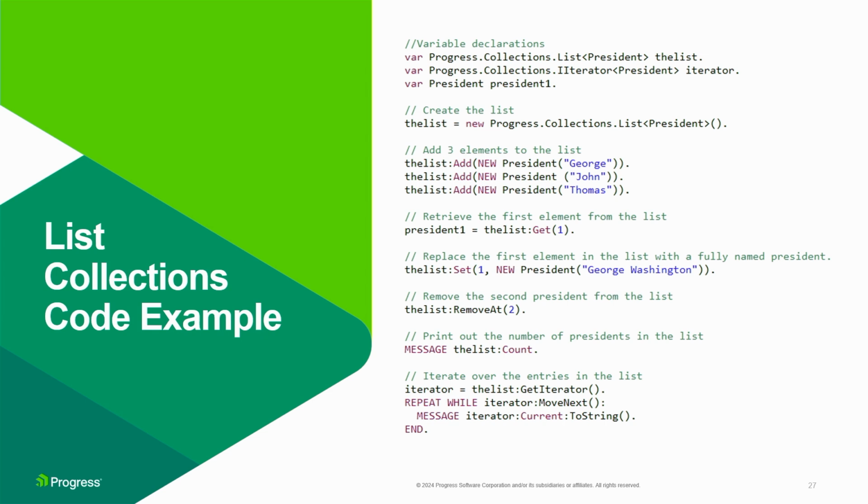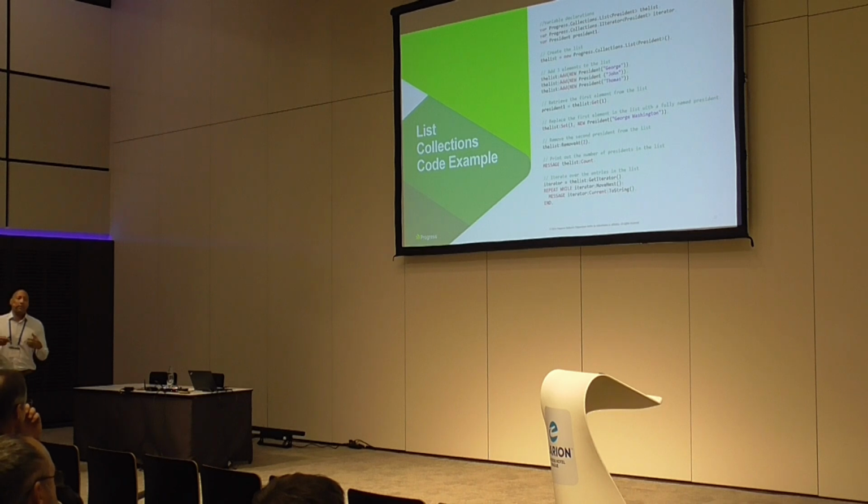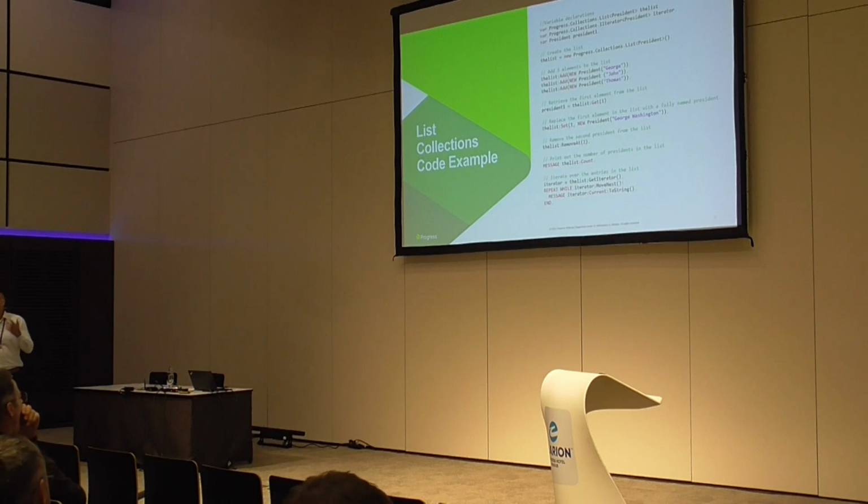Next line, we are simply printing out the number of president objects in the list, using just a count keyword there, and then iterating through the entries of the list. So you can see that by OpenEdge providing a built-in construct, specifically a list collection, you're able to create, manage, and manipulate the list fairly simply.